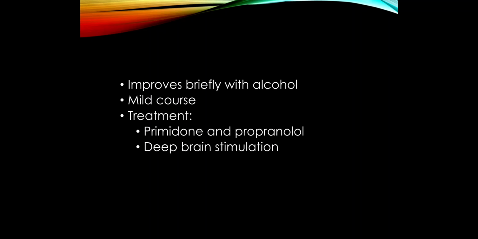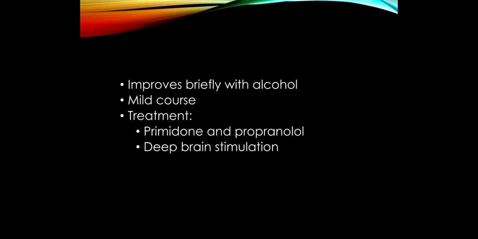And propranolol, which is a beta blocker used to treat high blood pressure. Also when we come to our lecture on migraine headache, we'll see that propranolol also works well for prevention of migraine headaches. So these 2 medications are the mainstay treatment.